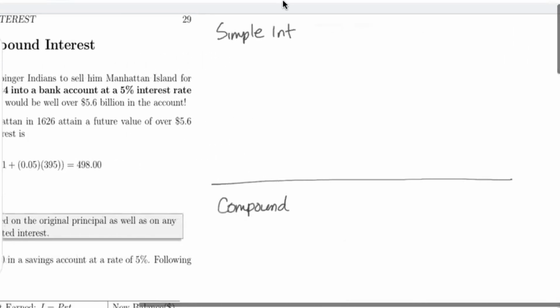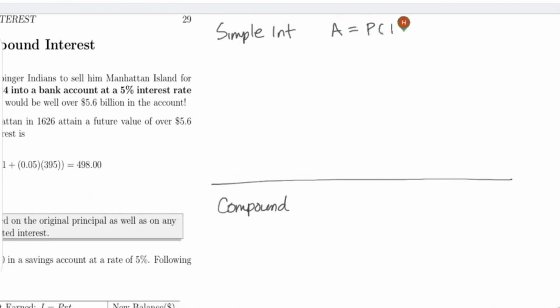Let's do the math computation here. Simple interest: A equals P times (1 plus rt). Let's assign those numbers to the letters. P, the beginning amount, is $24. A, I don't know, that's the future value.